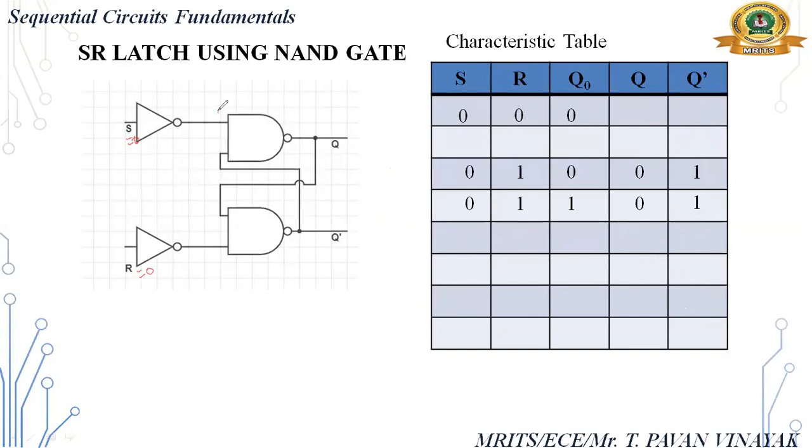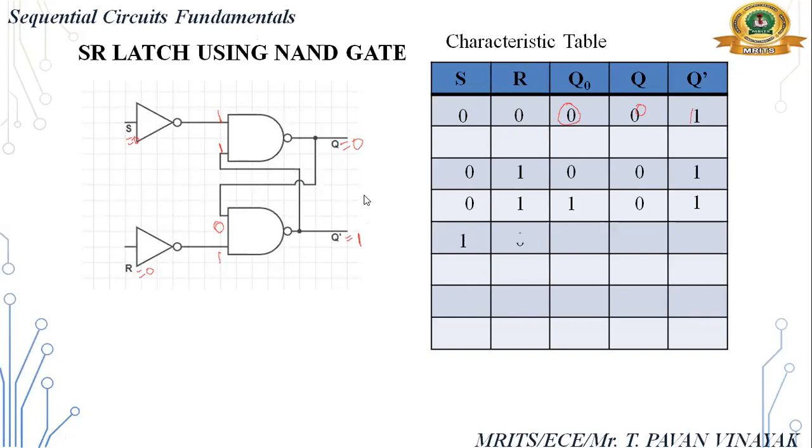So it is 1, this is 1. Previous value is 0, so here we get 0. 0 1 means NAND gate output 1. This 1 will come here. 1 1 means 0. So here we get 0, here we get 1.